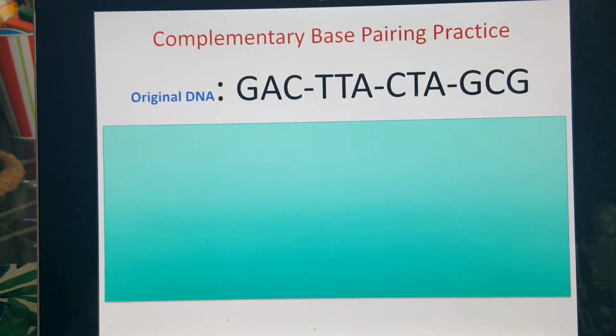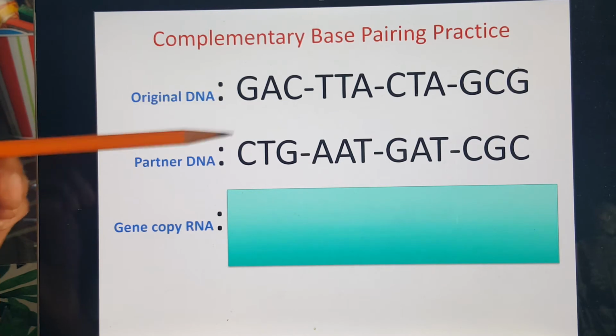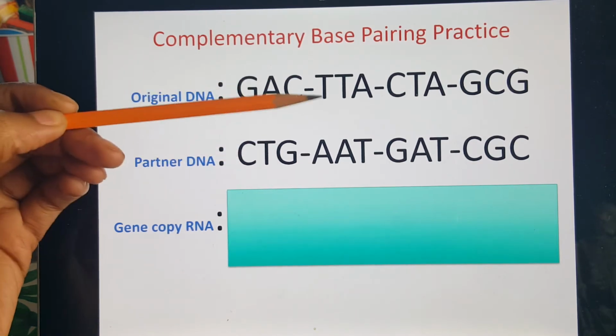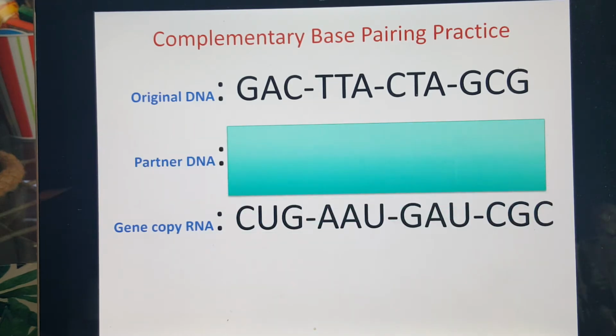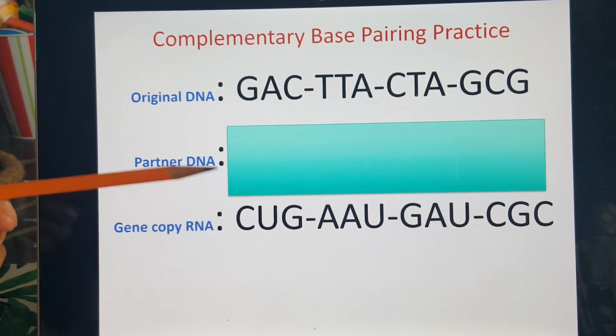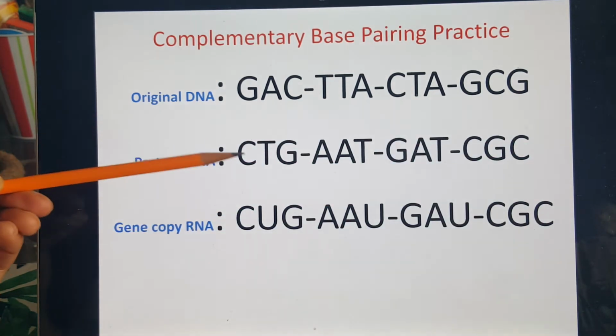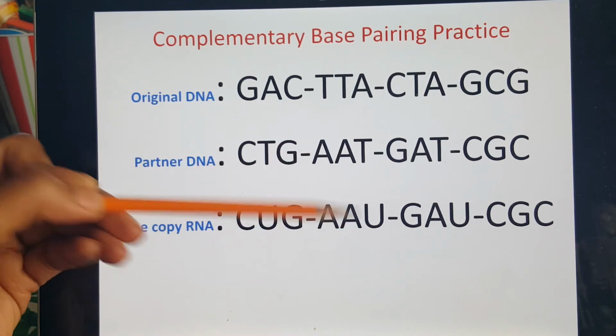It's all multiple choice though. So the partner DNA, we have our paired copies. And then we also have to do it for RNA. Wherever there was a thymine in the original one, there's now a uracil. Same pairing, except when you get to a thymine, it's a uracil.